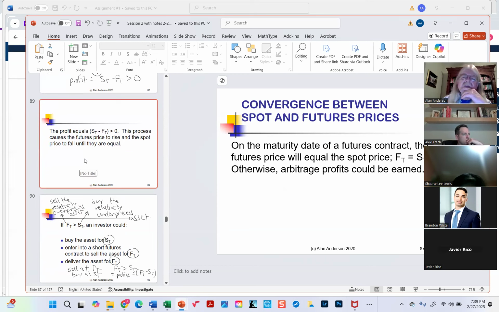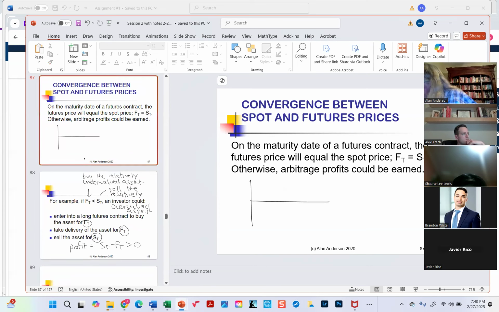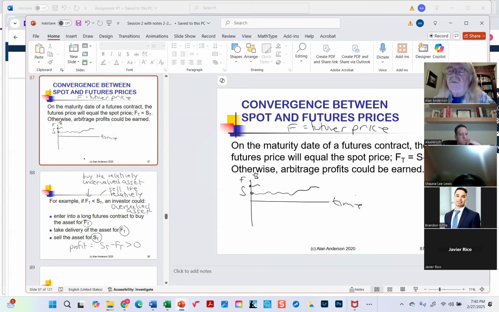What's happening here is that over time, let's say here's time, here's dollars. Here's the spot price of an asset, and let's say here's the futures price. So they can wander around, and they don't have to match. The relationship between them is not as precise as it is with spot and forward prices because of the market process.